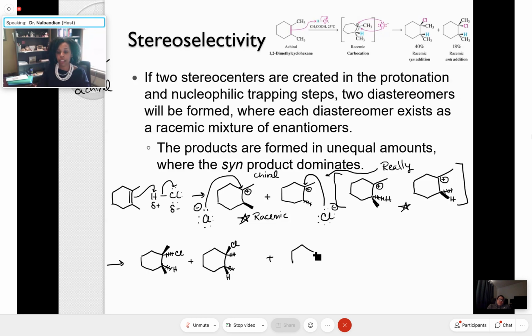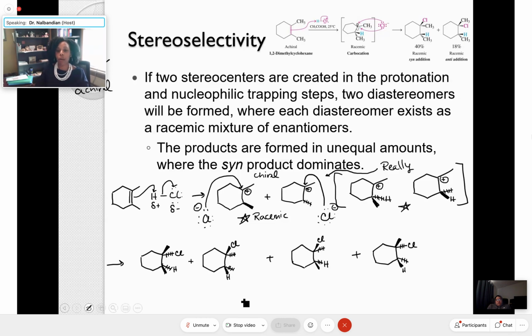And then we have another product where we have our hydrogen that was on the dashed line and our methyl on the wedge. But now the chlorine gets added to the wedge and that methyl ends up on a dashed line. And then we have just our last possibility, which is our hydrogen on the wedge and our chlorine on the dashed line.